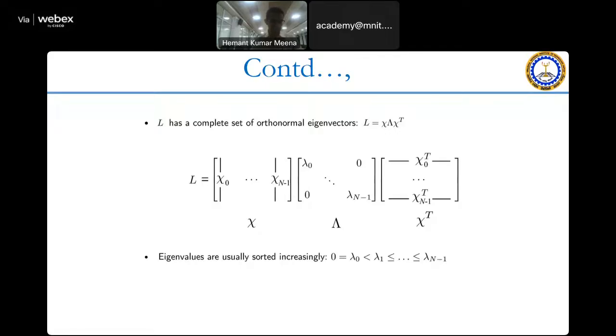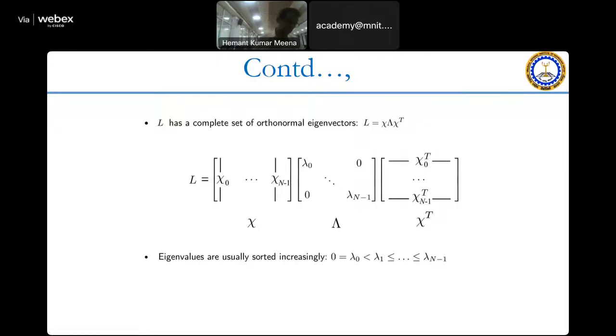If you decompose L, it will come into this form: this is X, multiplied by this eigenvalue set, and this is the transpose. The eigenvalues are usually sorted increasingly and they basically represent the frequency, how many frequencies are present. And these eigenvectors are the bases.